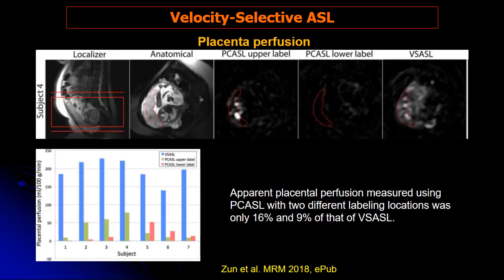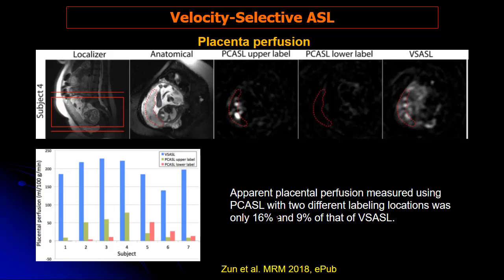Another very recent clinical application is on placenta perfusion. This group from National Children's Hospital compared velocity selective ASL with a PCASL, which was labeled at 2 different locations, and showed a significant improvement of the signal by the velocity selective ASL.